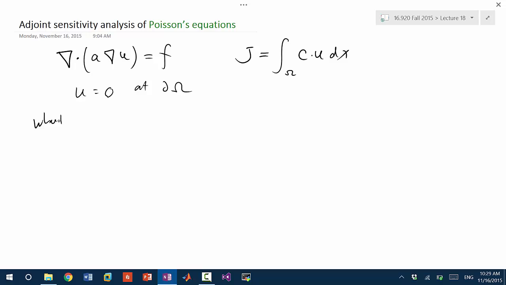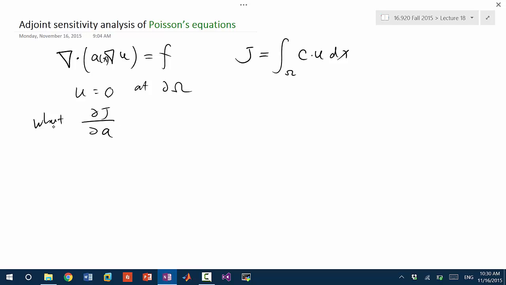So the question again is, what is partial J, partial A? Now this is a case where we have an infinite dimensional design space, right? I no longer have finitely many design variables. My A is a function of X. A can be any function.